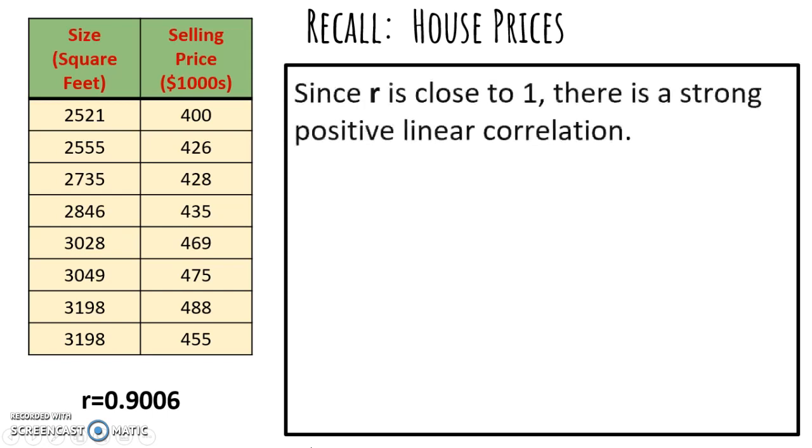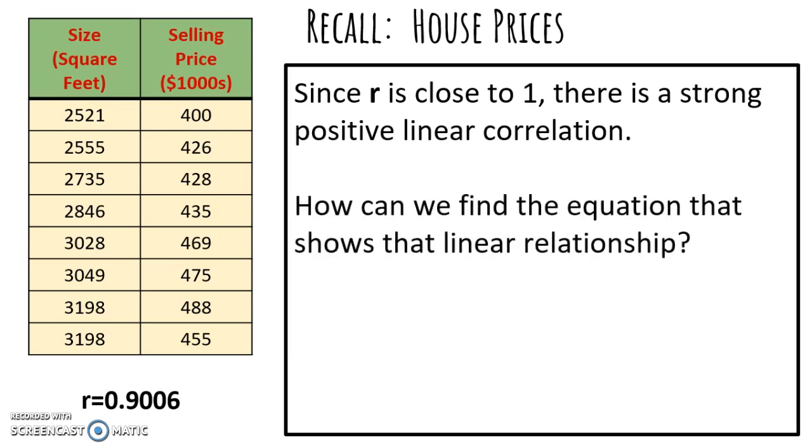Okay, so since r is close to 1, 0.9006 is very close to 1, it means that there's a strong positive linear correlation. So remember, the closer it is to 1, the stronger the positive linear correlation is. The closer it is to -1, the stronger the negative linear correlation. So how can we find the equation that shows that linear relationship?